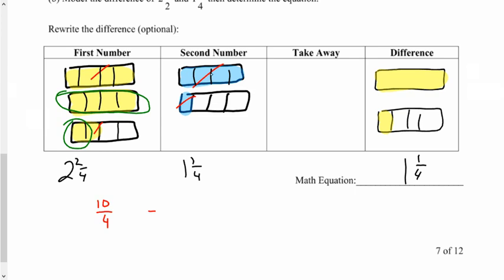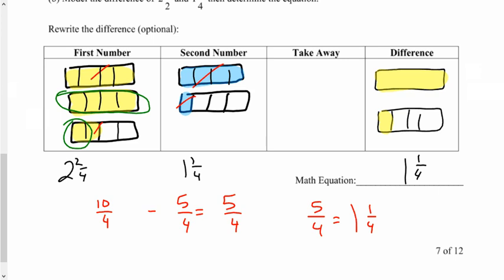And over here I have 1, 2, 3, 4, 5. That would give me 5 fourths. And 10/4 minus 5/4 is just 5/4. Now, it is true that 5/4 equals 1 and 1/4. So these are equivalent answers, different numbers that mean the same amount.